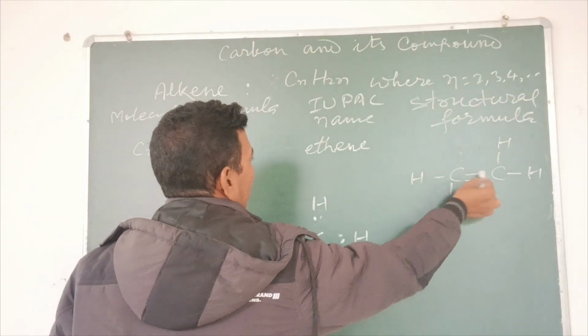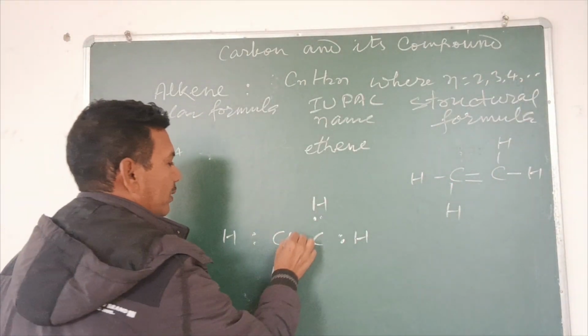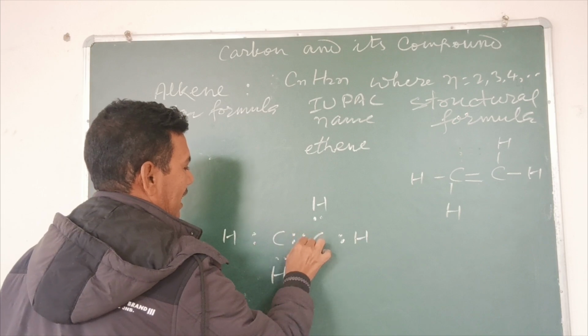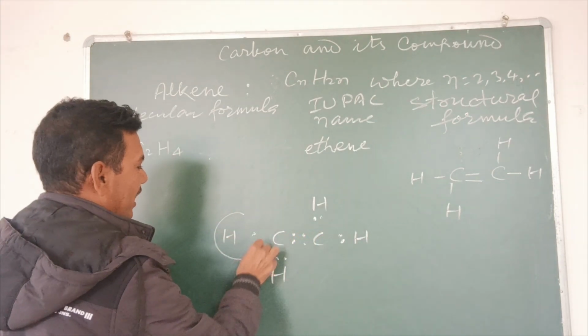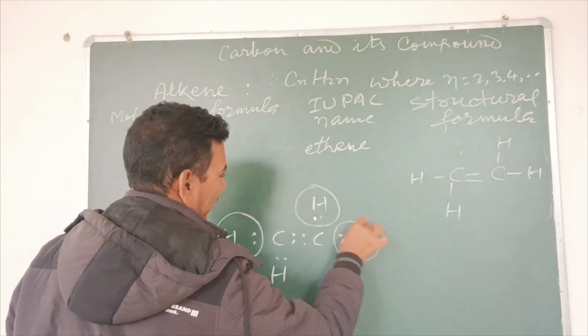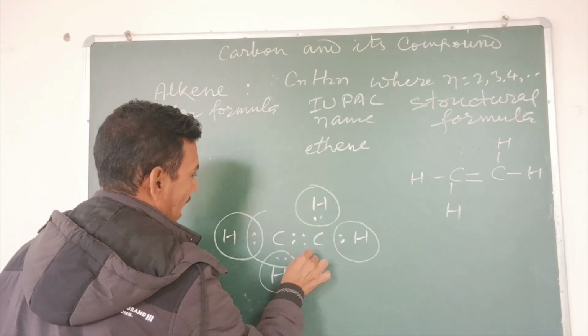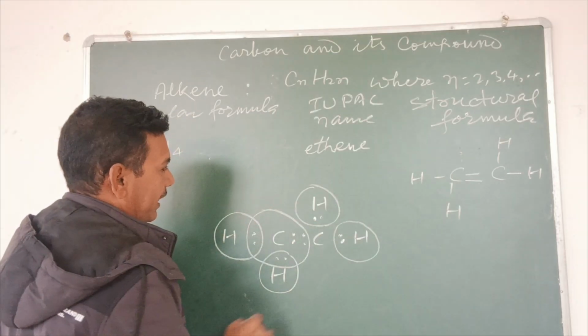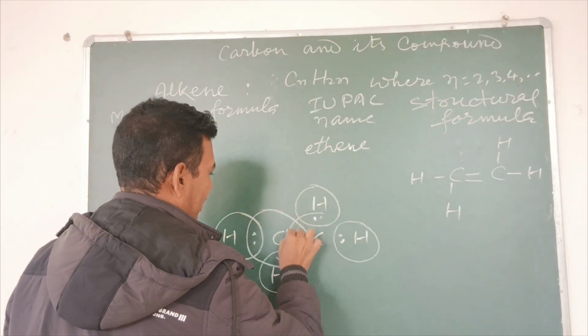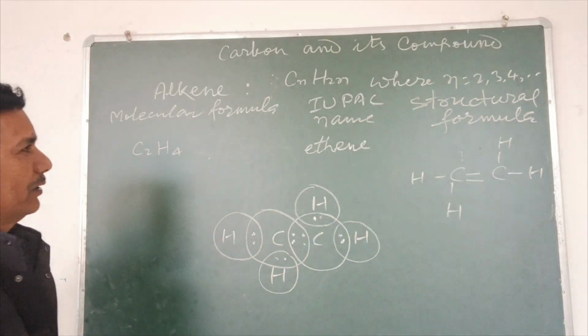But between carbon and carbon there is a double bond, so we will put 4 electrons here. In this manner, you see that hydrogen has completed its duplet, this carbon has completed its octet, and this carbon as well has completed its octet.